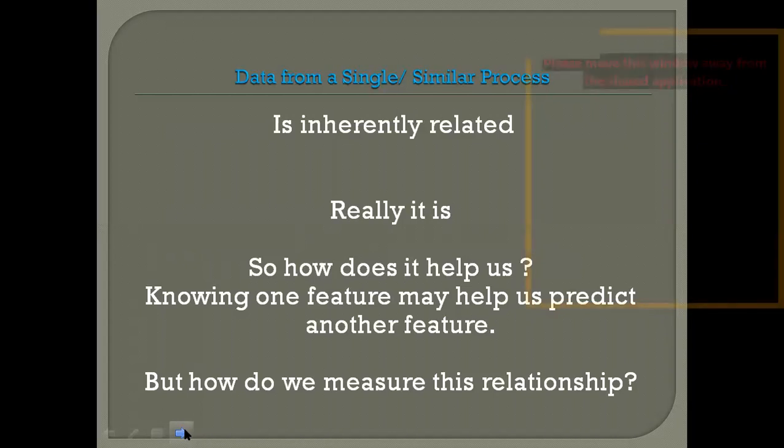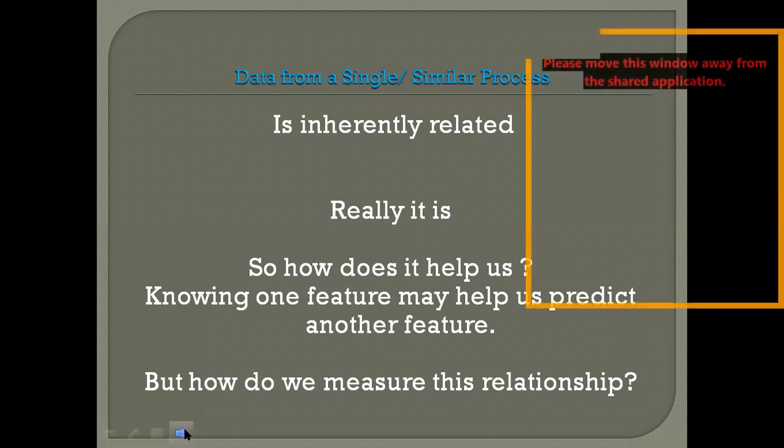Knowing one feature may help us predict another feature. If we know one feature of the data, we can predict another feature of that process. But before making any predictions, we must understand the relationship between different features of the data.